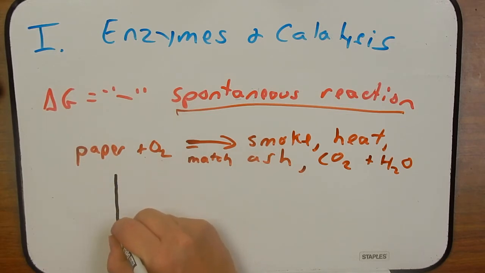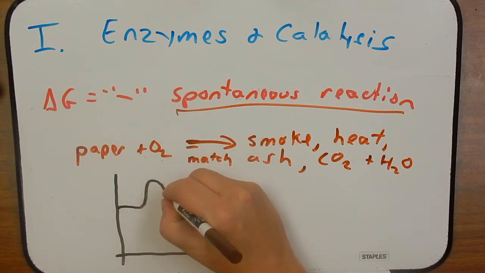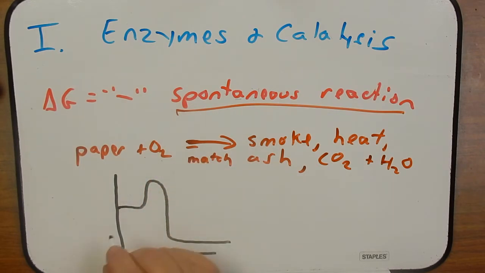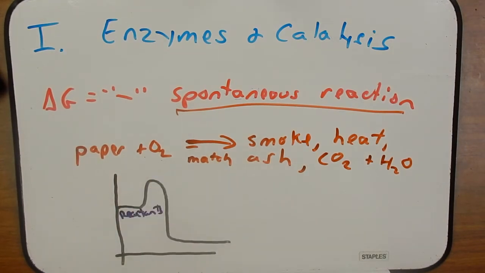We can think of it in this graph, and that is this scenario here, where over here you have your reactants, and over here you have your products.